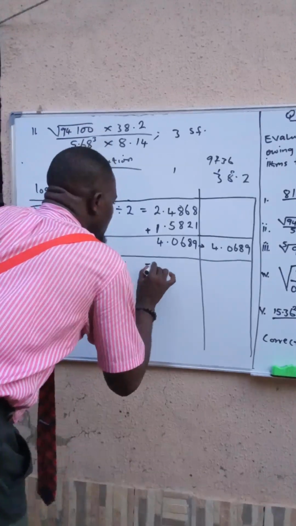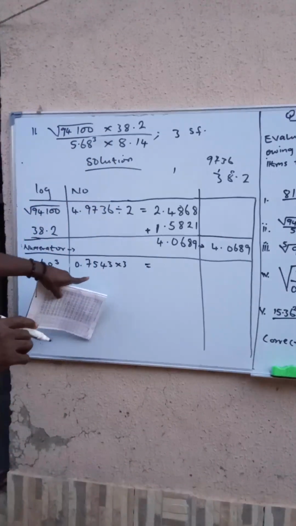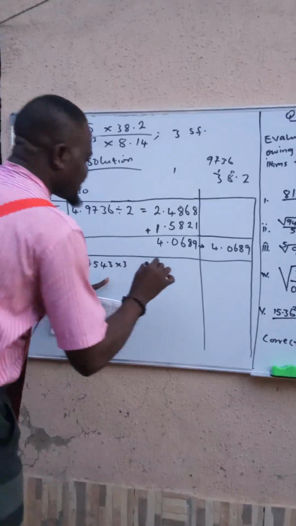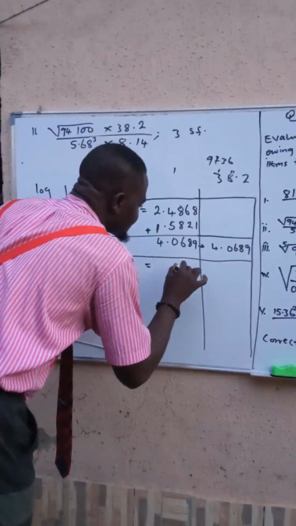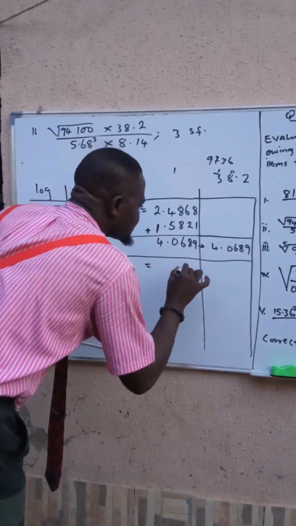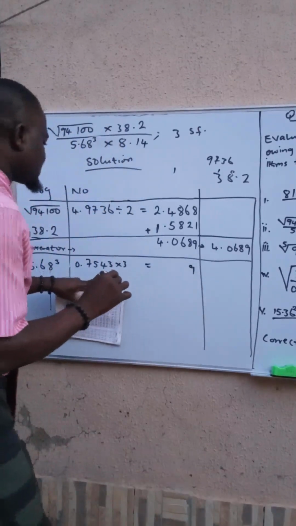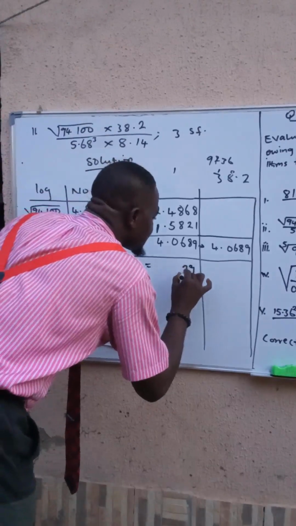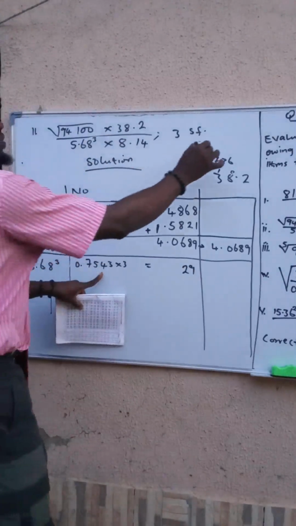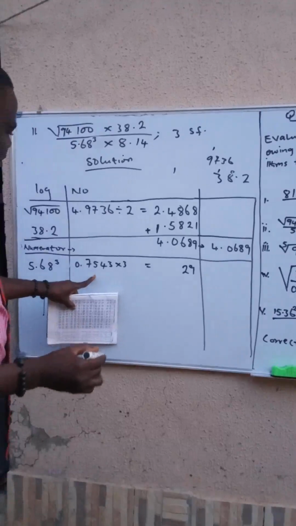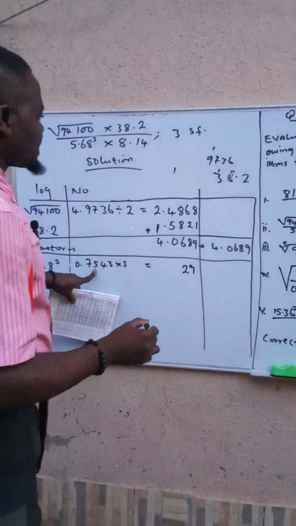Now, this will be equal to what? By the time you multiply this, 3 times 3 is 9. You bring your 3 times 3 is what? 9. 3 times 4 is 12. So, you make sure you carry 1. 3 times 5 is 15.